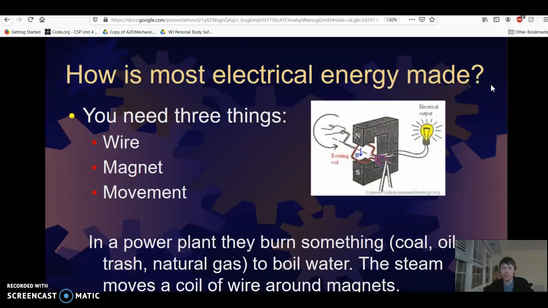Well, in order to get there, we need to have some kind of wire, some kind of magnet, and motion. Those are the three ingredients towards making an electric output. Now, your wire is going to need to be a coil. It's going to need to spin inside of a magnetic field.